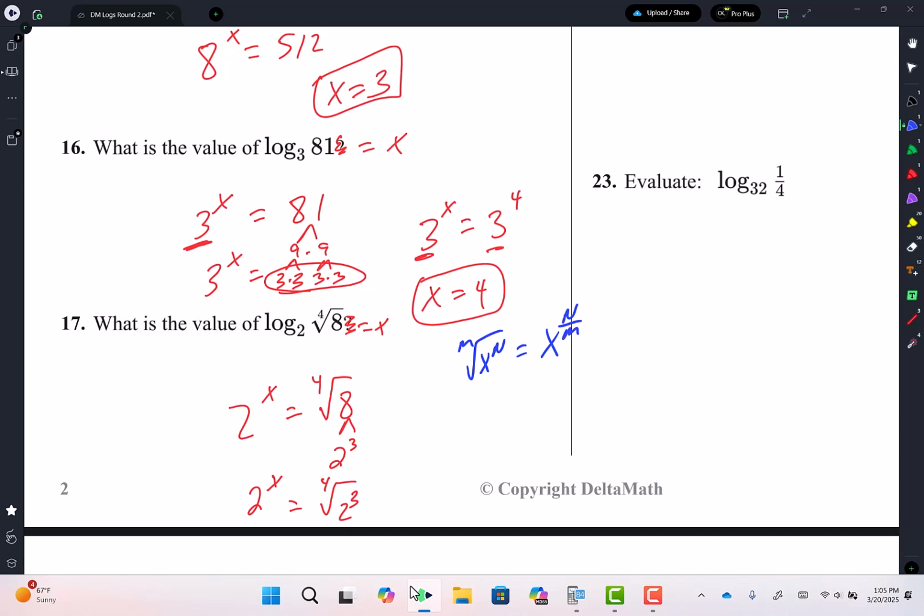You guys remember that? Okay, so once you remember that, that's what we're going to do. 2 to the power x equals 2 to the power 3 over 4. The bases are the same, so that means x has to equal 3/4. Do you see how we did that, guys? Vega, we saw how we did that? Okay. Are you sure? Yeah. Okay.